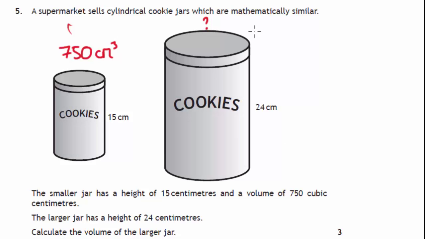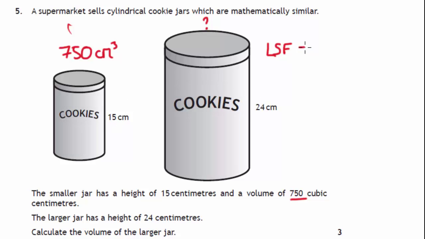To do that, we just need to know how to find the linear scale, and once you've got the linear scale, we cube it and then times it by the volume of the one we have. To get the linear scale factor, we'll just call it LSF, all the linear scale factor is what this figure has been timesed by to get to this.